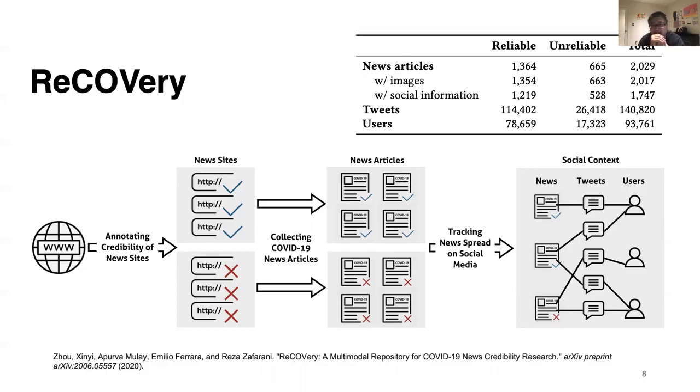They use the Twitter premium search API to track the spread of the collected news articles on Twitter. They also track, for unreliable and reliable news articles, who retweeted them and how they got propagated.